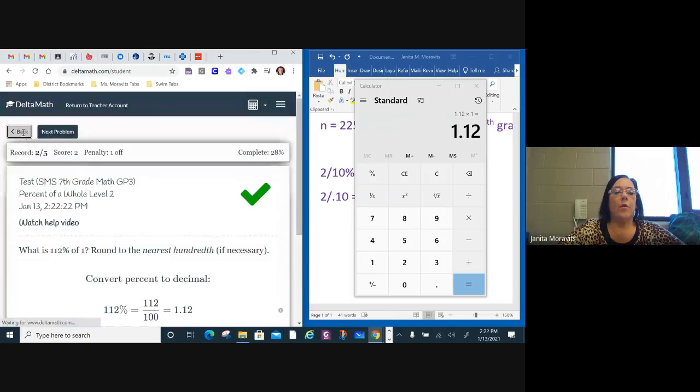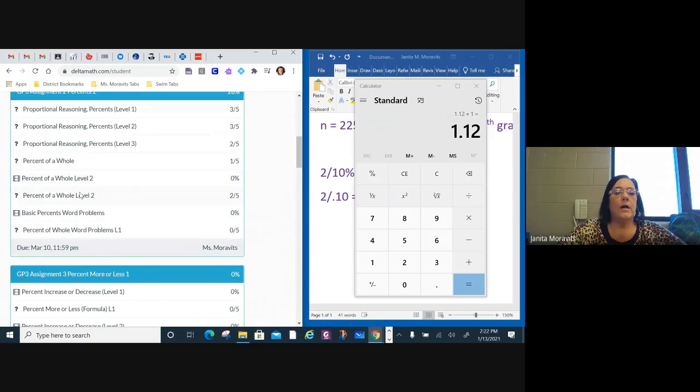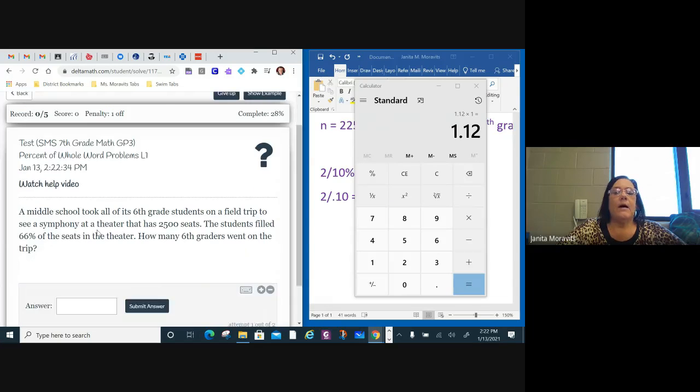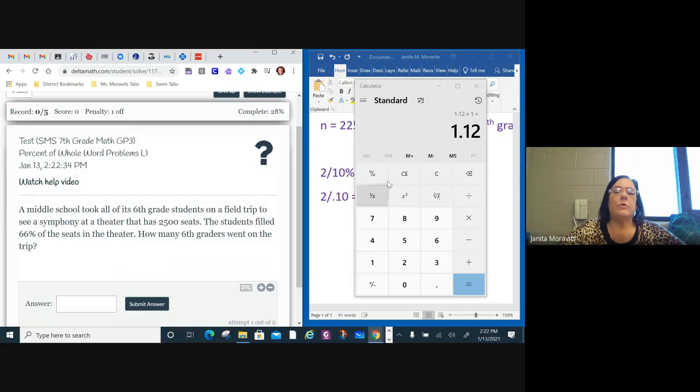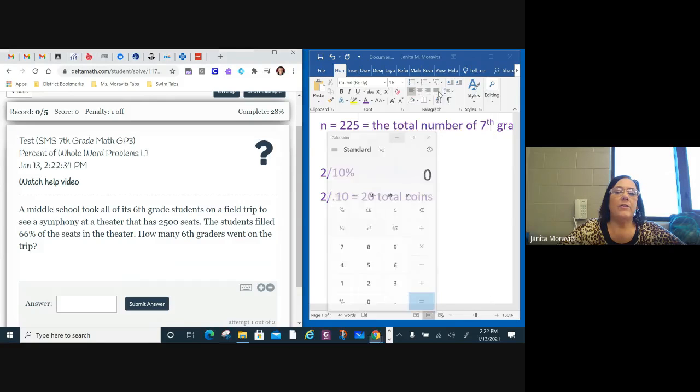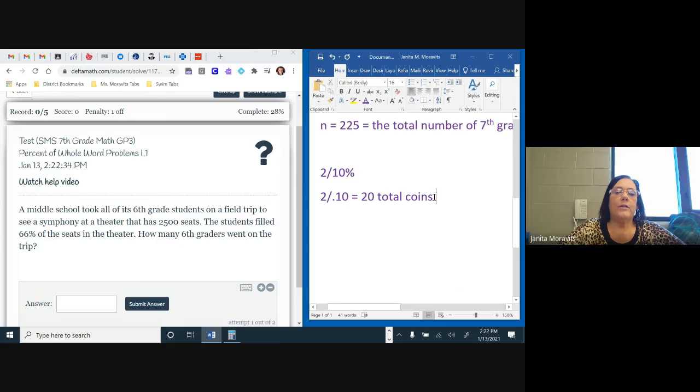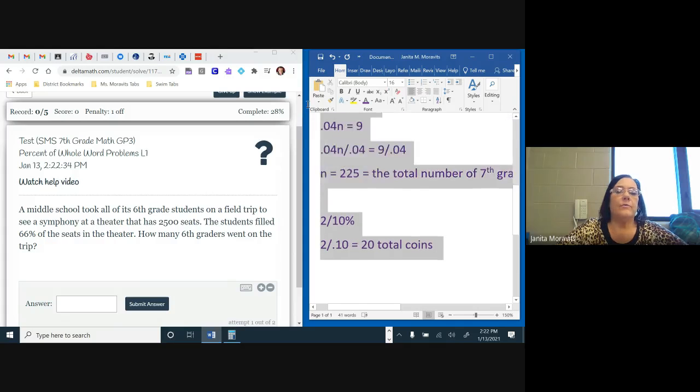Now, these problems work like that on this section. It's the percent of a whole, level 2. The last part is percent of a whole word problems. Now, I'm going to go over one example here. And after that, I'm going to leave you to work these because I need you to be able to reason this out and put your thoughts down on paper and be able to work these problems on your own.